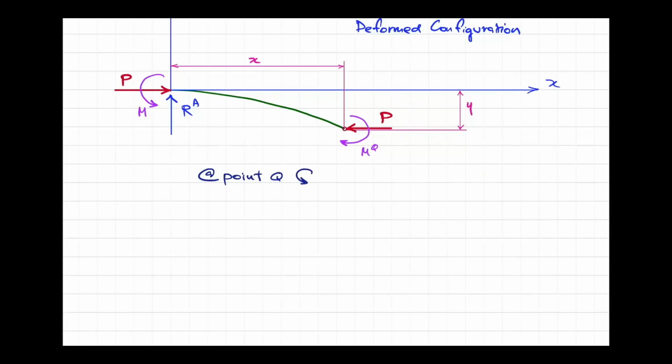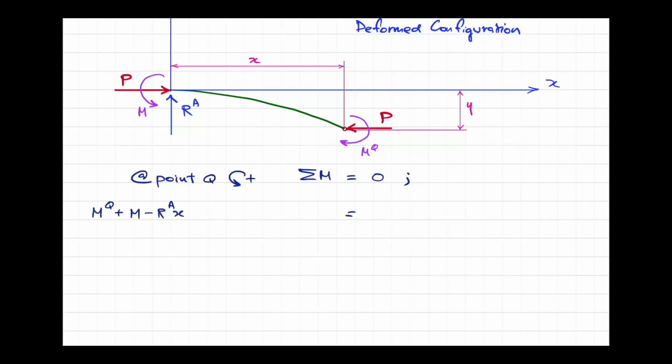Given that this is positive sense of your moment, so sigma moment is equals to 0. So at point Q, you have the MQ, which is going into the positive direction. You have plus M, you have minus RA multiplied by X, right?